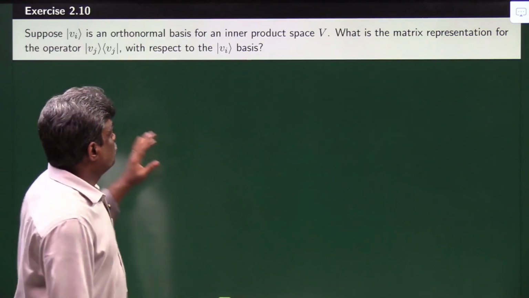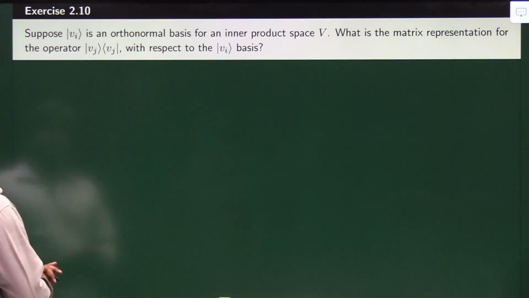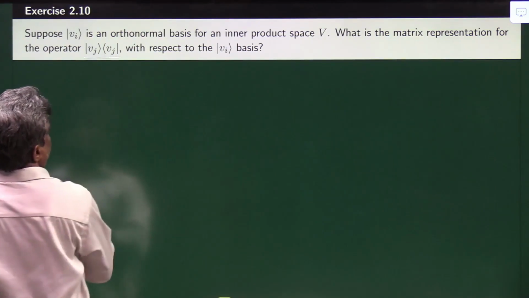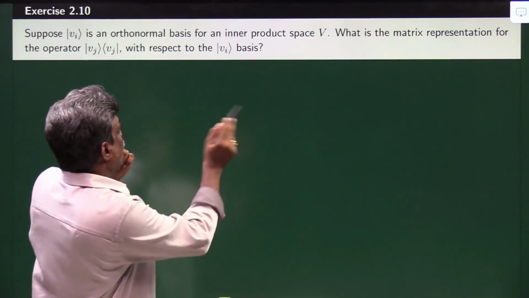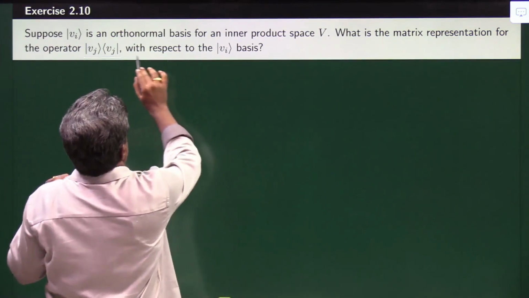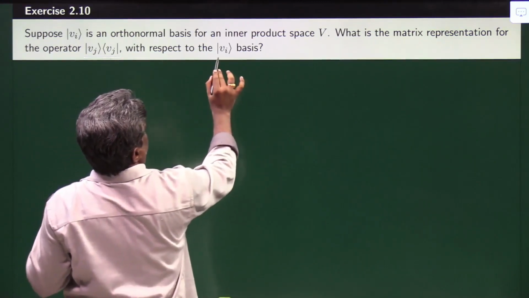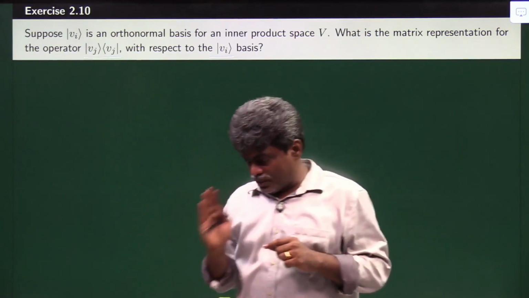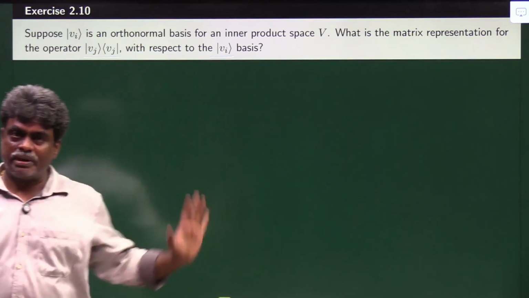Right. So here this is the next question, and here they are asking this outer product Vj, we want to represent this in the basis of... Remember one thing, whenever you are changing the basis, always use a completeness rule.